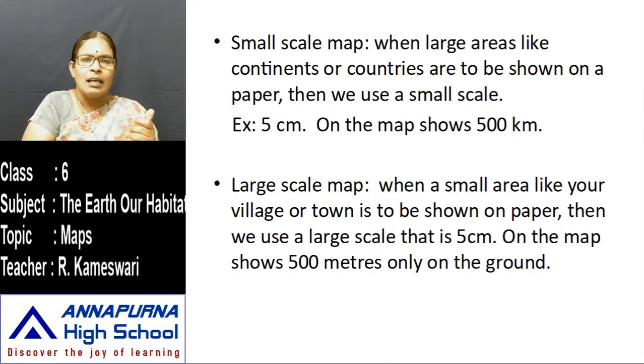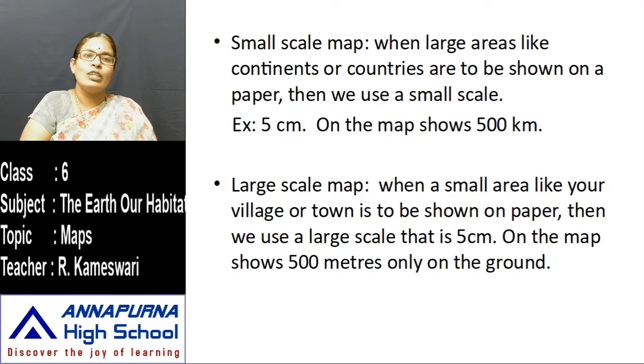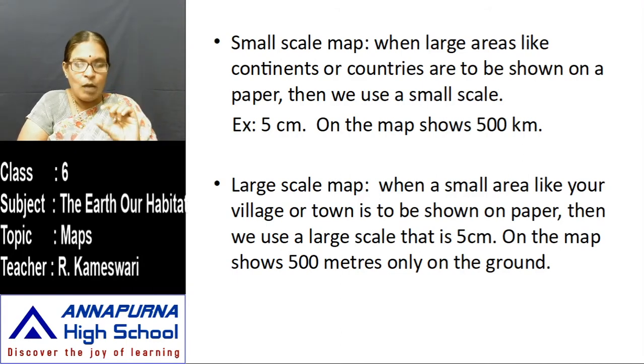When large areas like continents or countries are to be shown on a paper, then we use a small scale. 5 centimeters on the map shows 500 kilometers. Only 5 centimeters is equal to 500 kilometers. That is the small scale map.